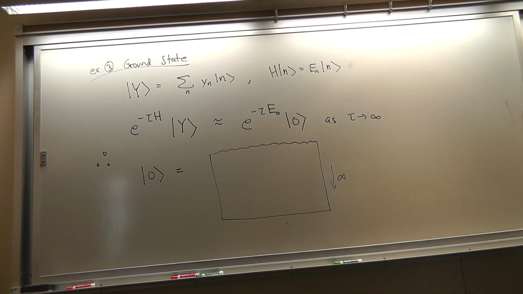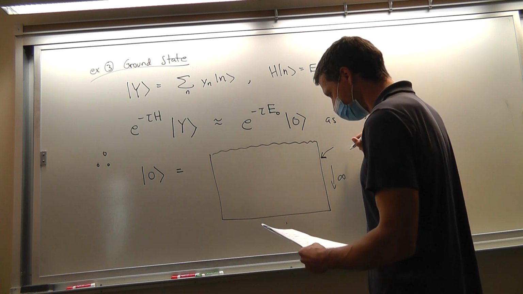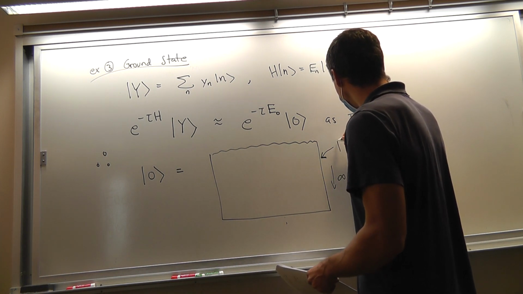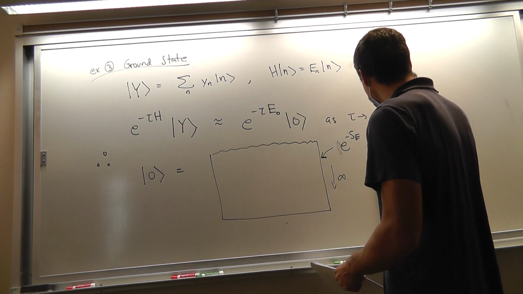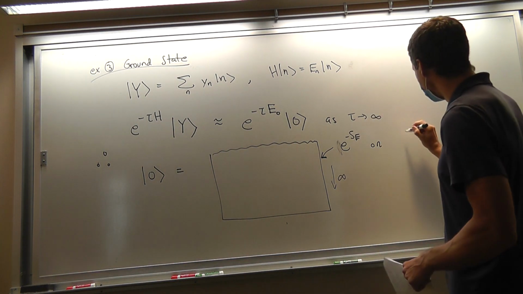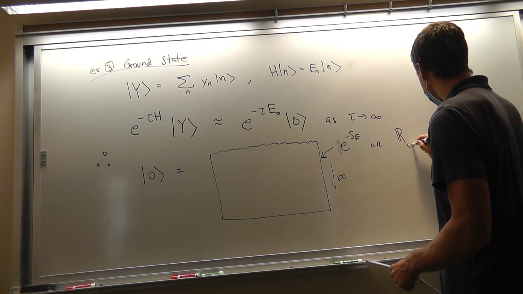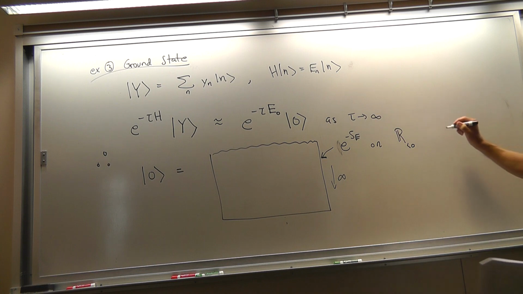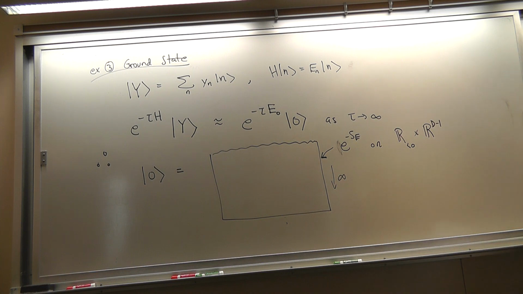Where now, instead of putting some field data on the lower cut, I've just let it go off to infinity. To be clear here, this is a Euclidean manifold. So what this picture means is the Euclidean path integral e to the minus S_E on a half real line times R^(d-1).